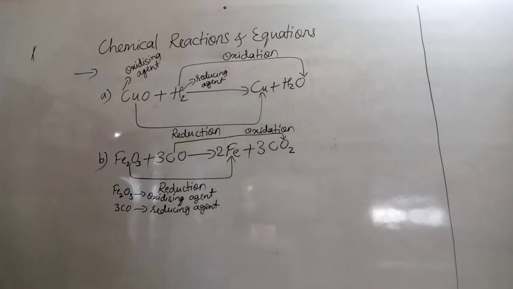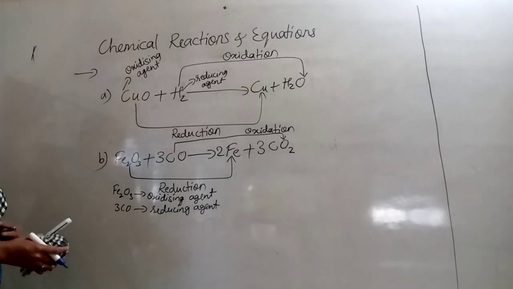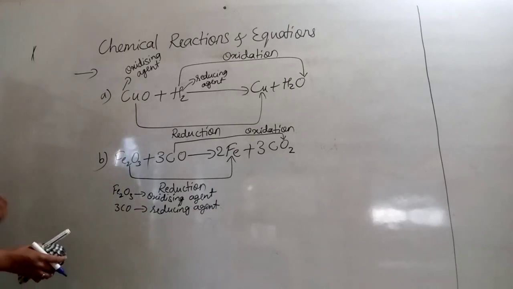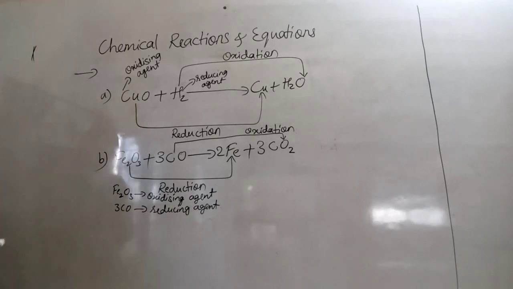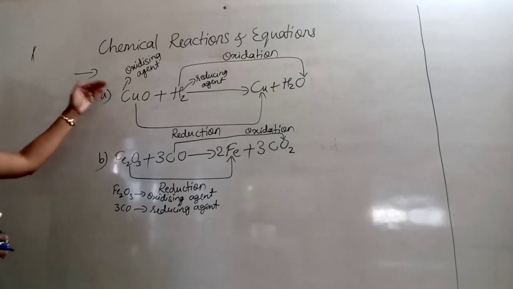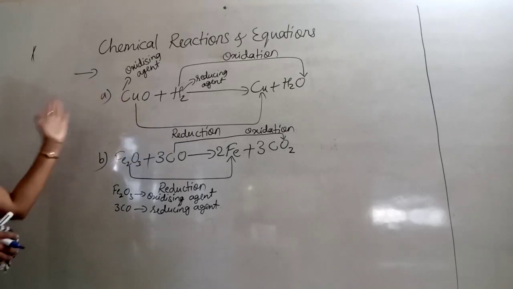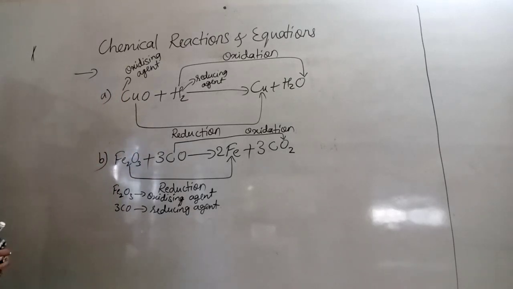Okay. So here what we used to say is the redox reaction, where oxidation as well as reduction takes place simultaneously. Oxidation means what? Addition of oxygen. Reduction means removal of oxygen or addition of hydrogen. So that's why I have given you the points.